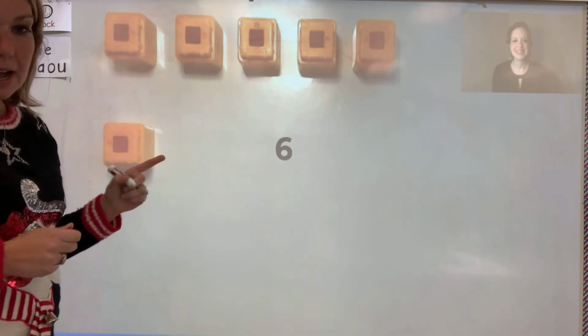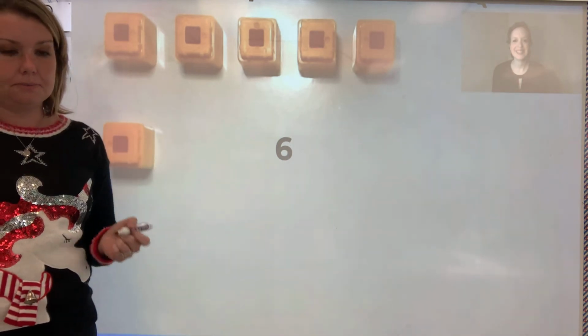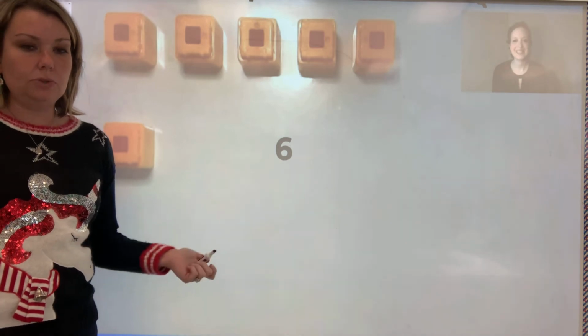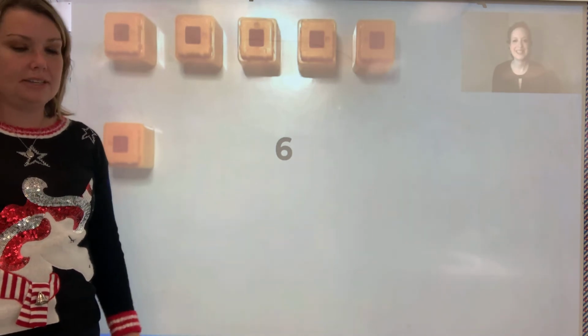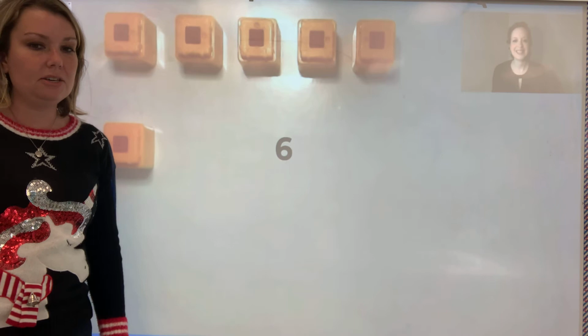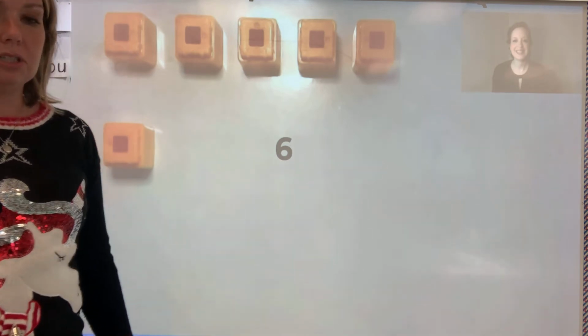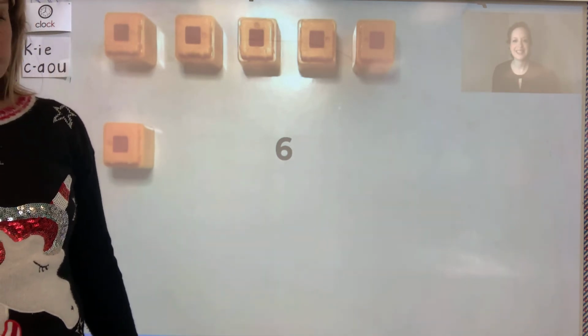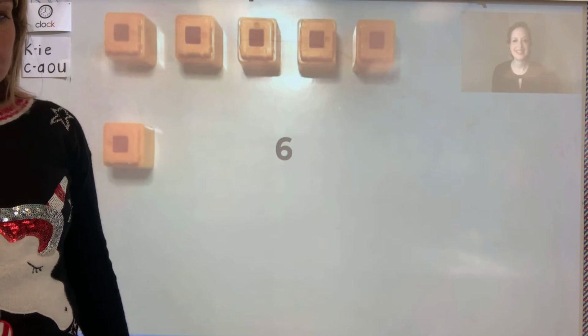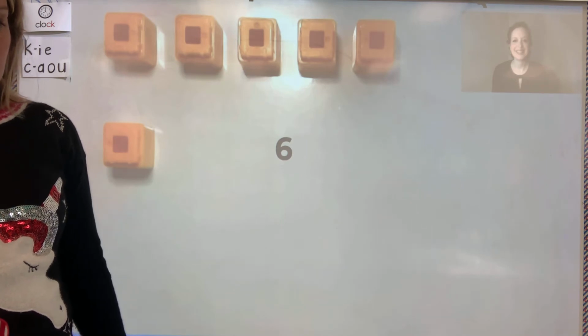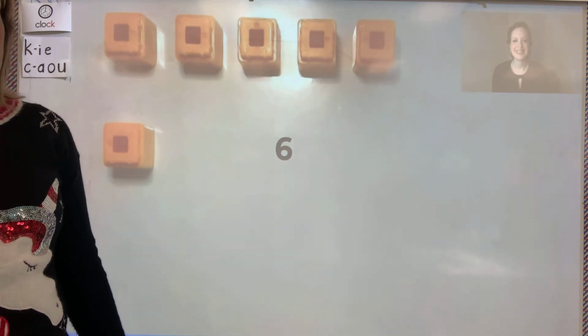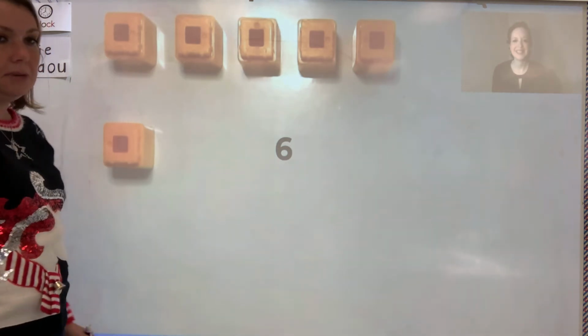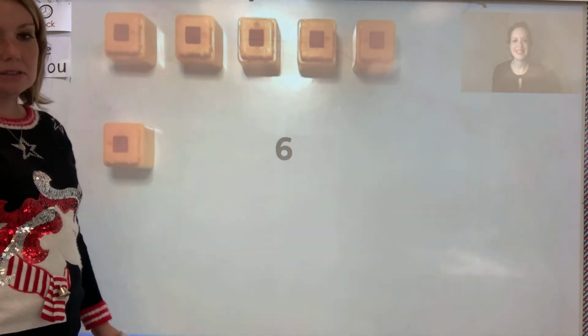Well, how do I know? What can I do? How do I make sure I draw the same amount? Someone raise their hand and help me out because I'm not sure. What do I do? Ryan, help me out here. What do I need to do to make sure I have the same?